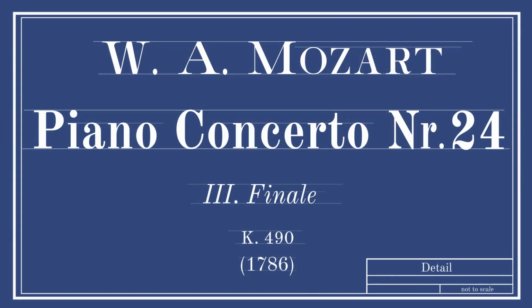But decades earlier, Mozart would use the Neapolitan chord in what sounds like a medieval dance of death in the finale of his great piano concerto number 24 from 1786. The finale is a set of variations on a rather shadowy march tune.